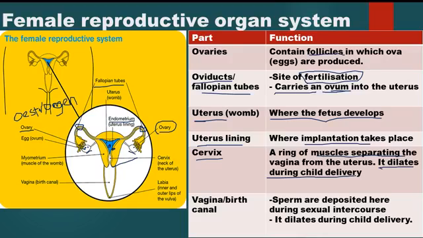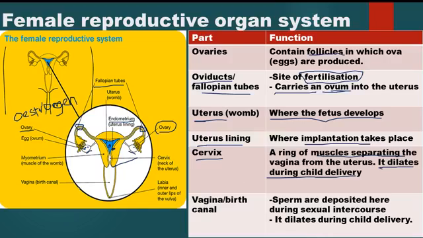So if I ask you the function of the cervix, just tell me that the cervix dilates during child delivery because it has a ring of muscles, and it separates the vagina from the uterus.